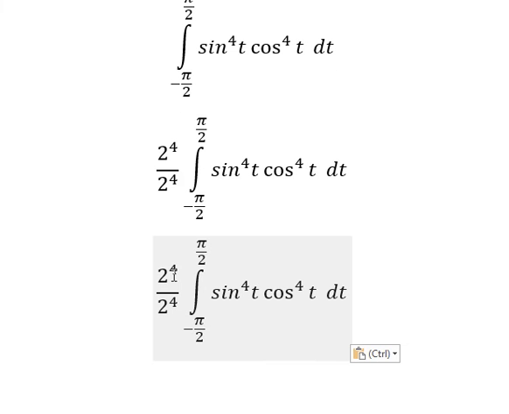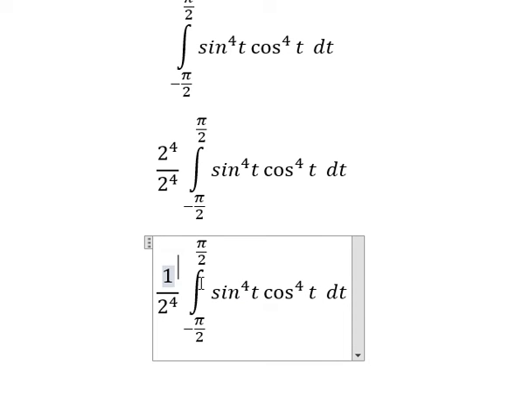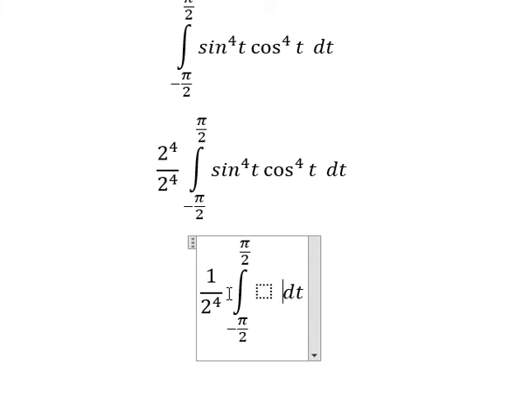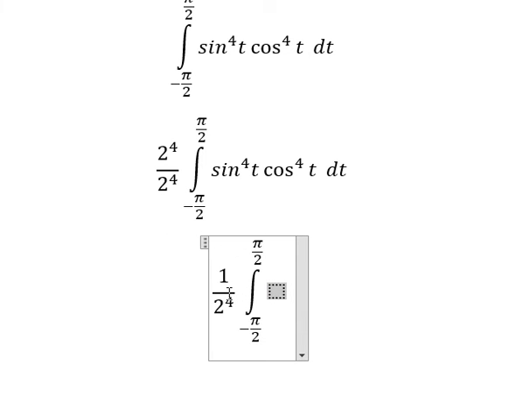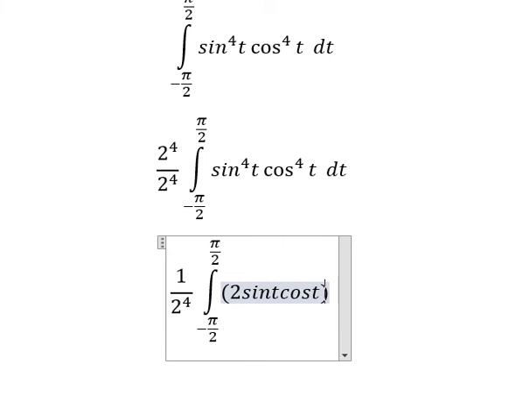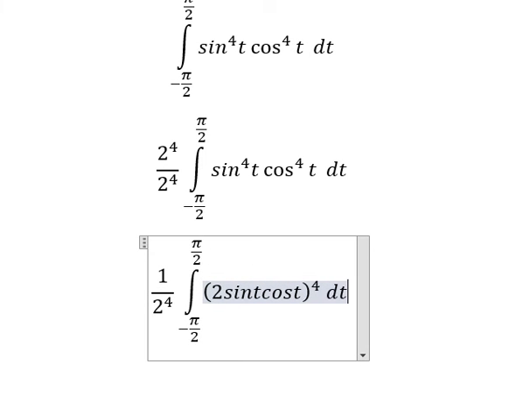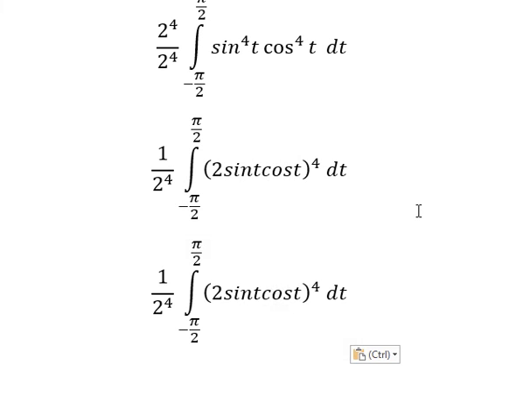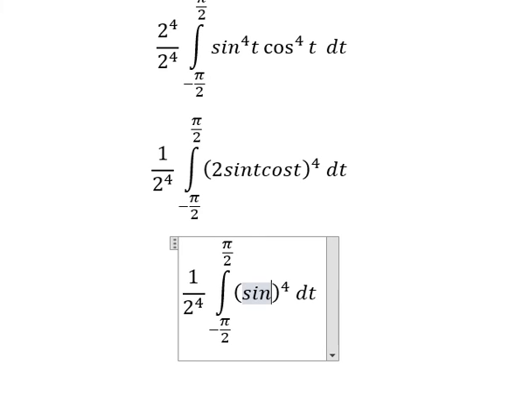So 2 to the power of 4 with this one, we can write like this. So 2 sine t cosine t, we change for sine 2t.